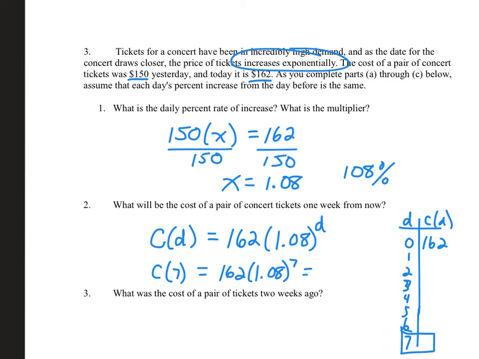And that would just be 7 increases of 8% starting at 162. And if I did that, I think I am getting, what do we get? $278. So any of those ways should get you to $278. Okay, so don't wait. Get your concert tickets today.